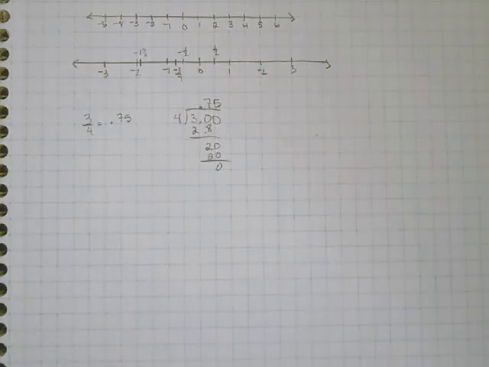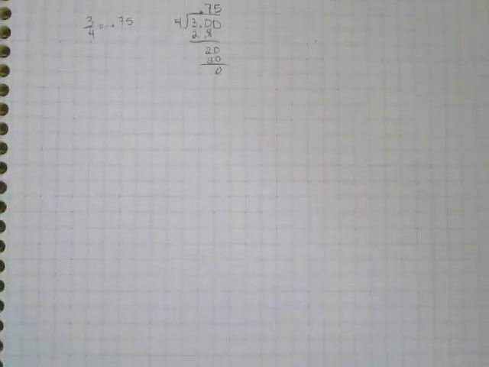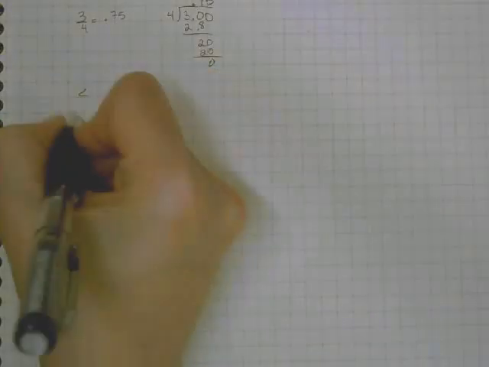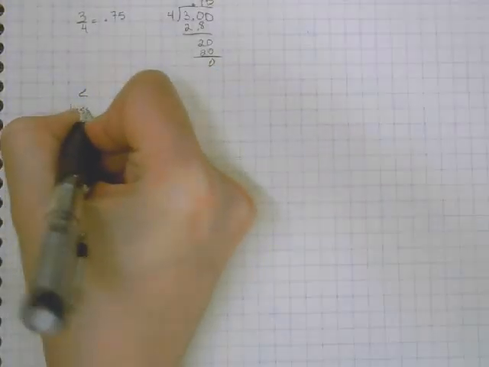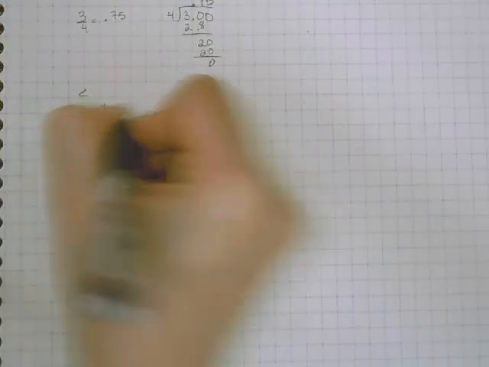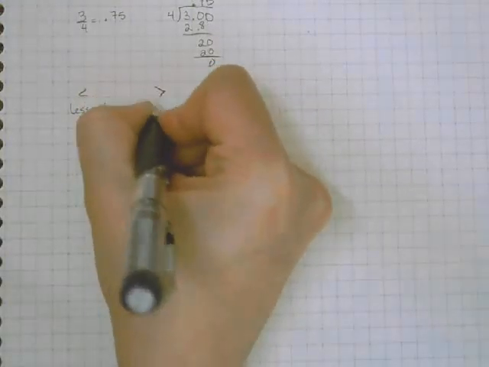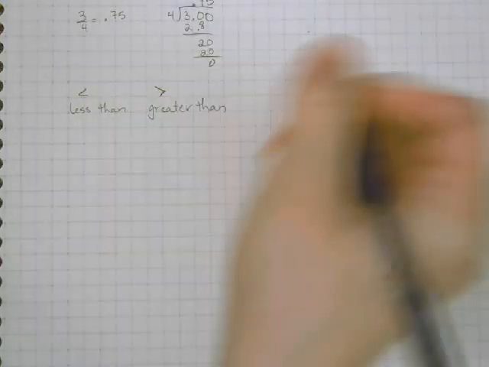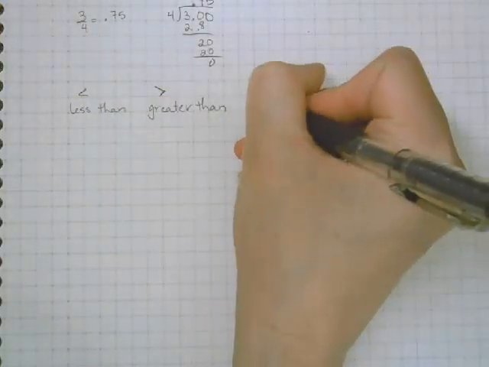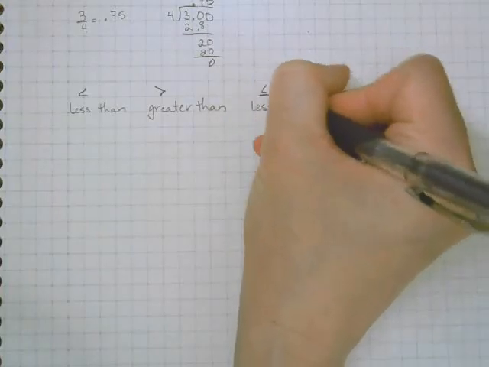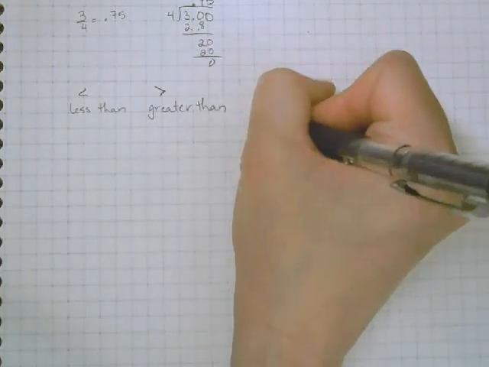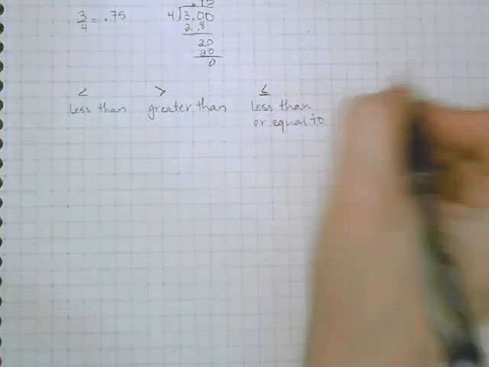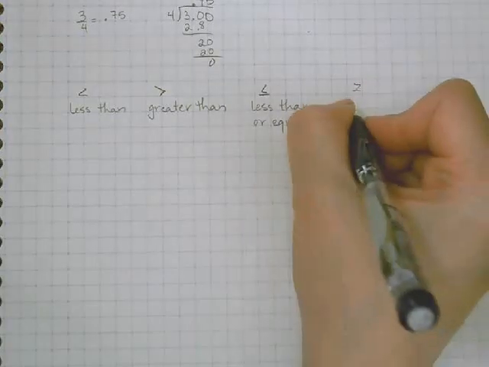The other thing I want to hit has to do with inequality symbols. So I have less than, greater than, less than or equal to, and then of course greater than or equal to.